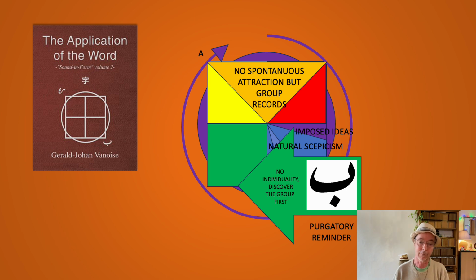But you have to start from that point of view in situations where things are not going well anymore. It is useful. So there's no individuality. You have to discover the group first. So there are built-in compensations, and all the letters are in the system.